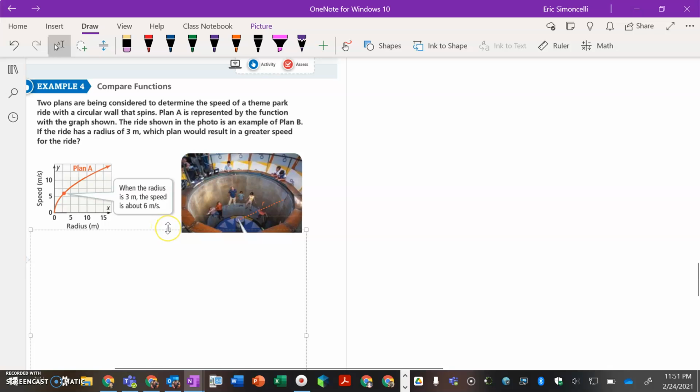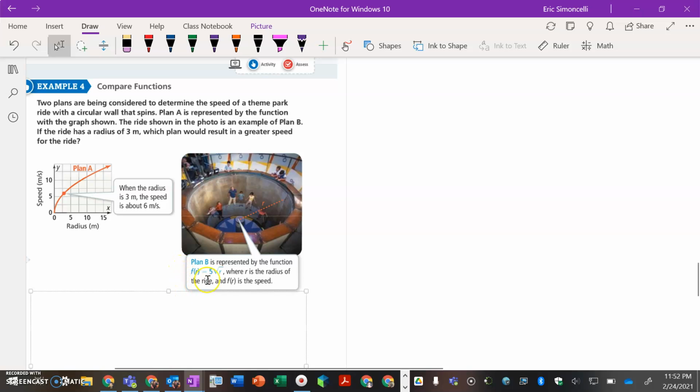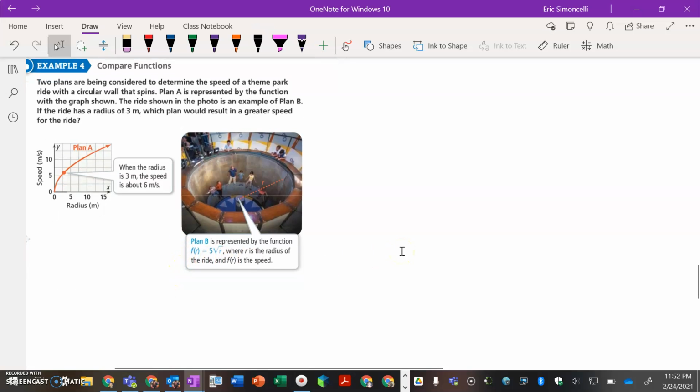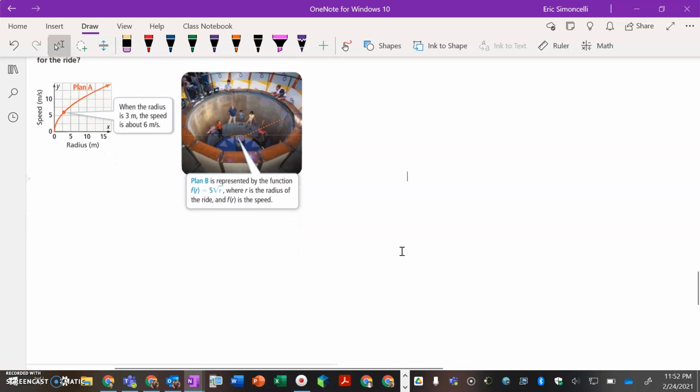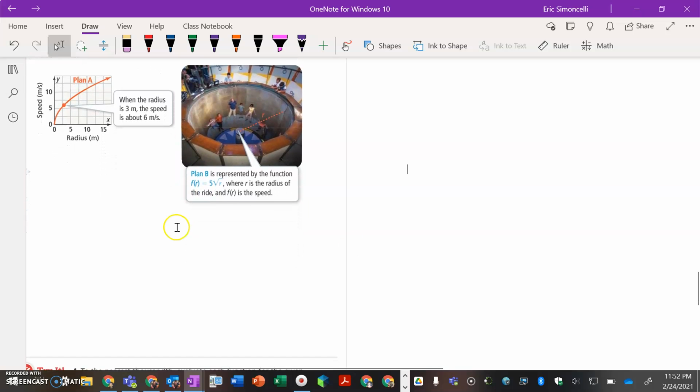So those particular points speak to then 2 of which are on that function that you see. It is a square root function, as they describe. And if we scroll down, Plan B is represented as such. You've got f of r equals 5 times the square root of r, where r is the radius of the ride and f of r is the speed.